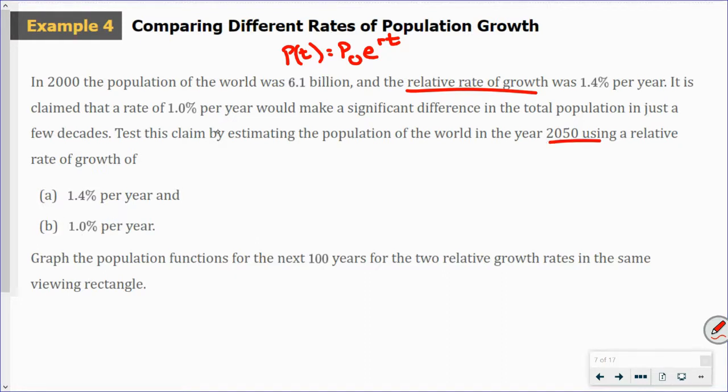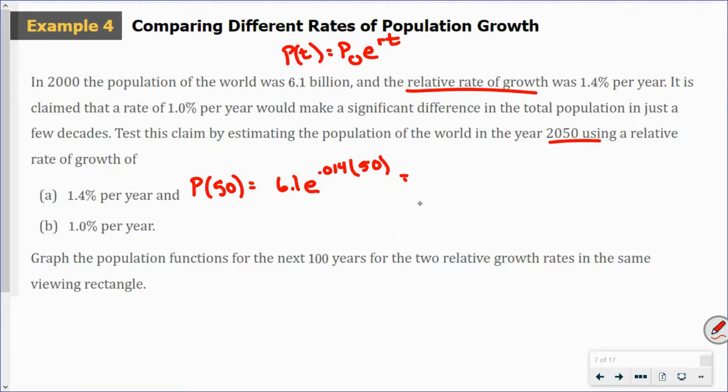Okay, so they give us 1.4 and 1, and we need to look at the relative growth in year 2050. So we have P of 50 because we're looking 2000 to 2050. So we want P of 50 in the equation. 6.1 is my start. e, and for this one, I'm using 0.014 times 50. That's my time. So this is 6.1 e to the 0.014 times 50.